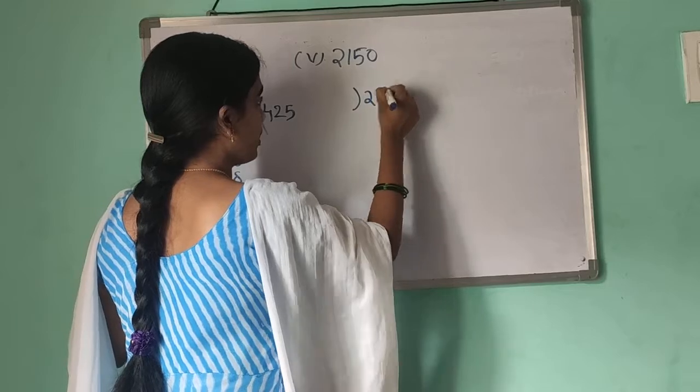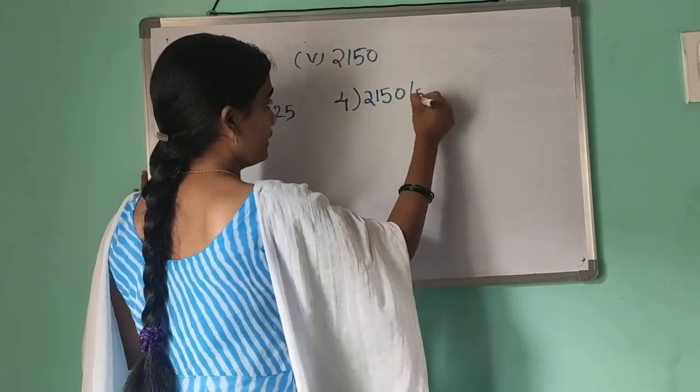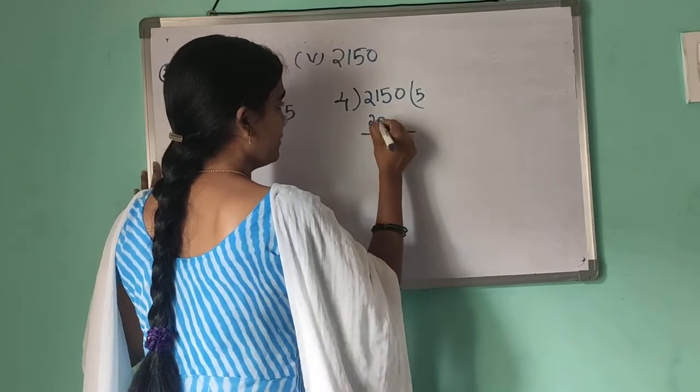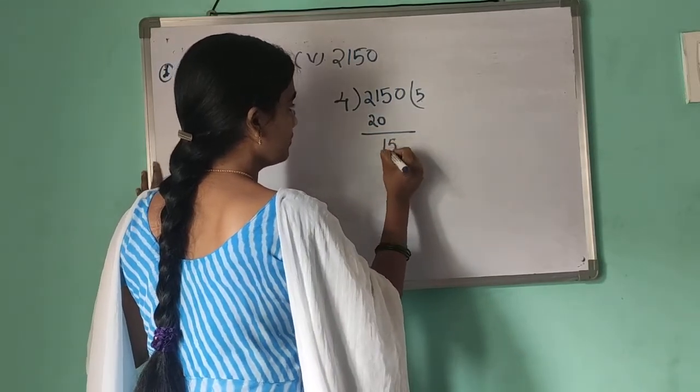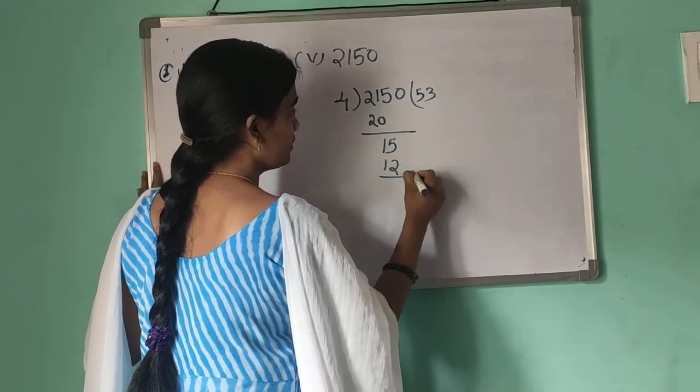Is 2150 divisible by 4 or not? 5 4s are 20. Remainder is 1, 5. 3 4s are 12.